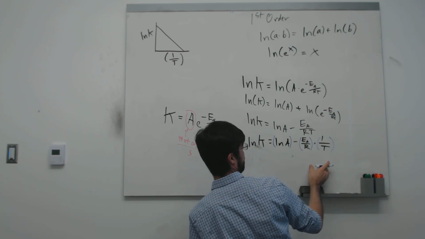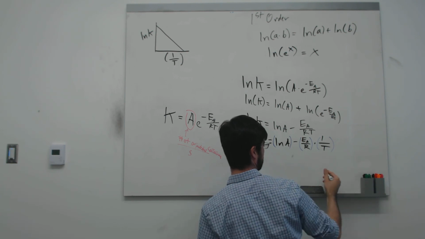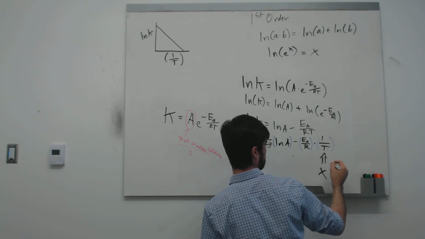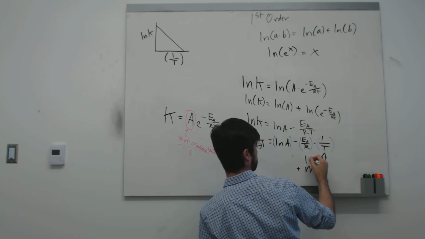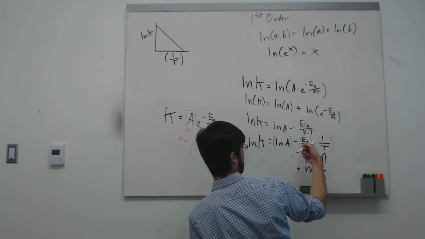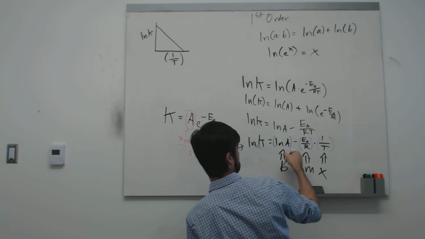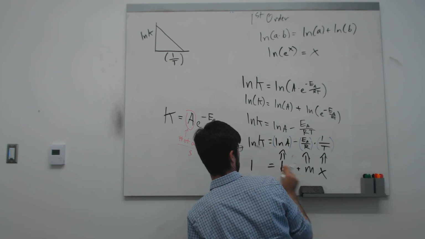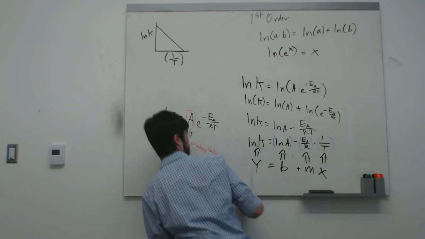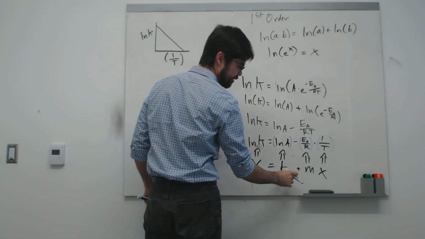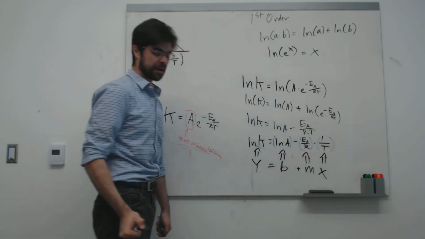If I make this look like a linear equation, x is 1 over T, my slope m is negative E_A over R, and my y-intercept is the natural log of A. And if my dependent variable y is the natural log of k, this will have a linear slope if I plot natural log of k versus 1 over the temperature.